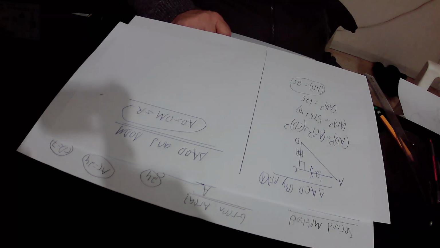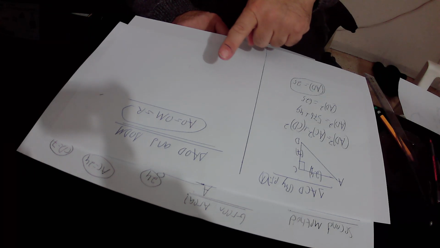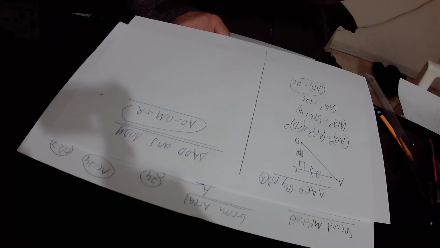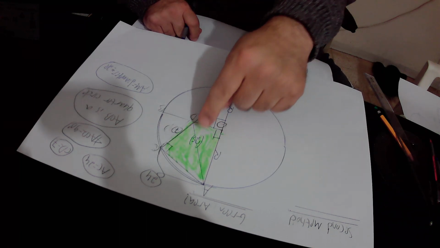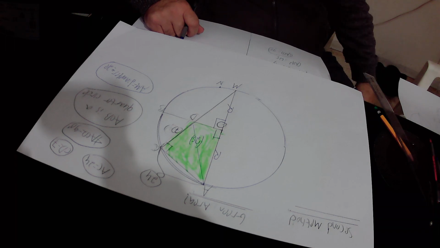Side AO of the green triangle equals side OM of the white triangle. They are both radii of the circle, therefore they are equal to R, that is to say they are equal to each other. In addition, those two angles are both equal to 90 degrees, therefore they are equal to each other.